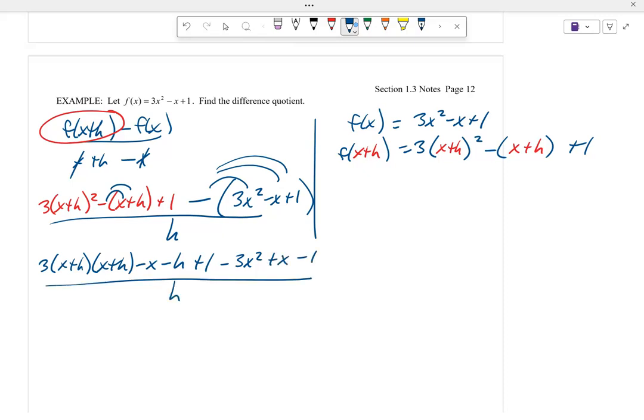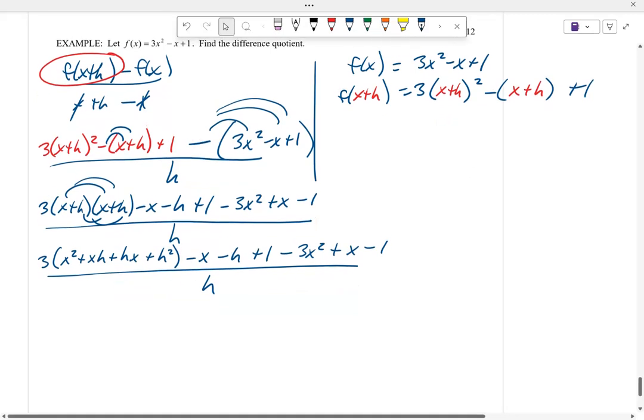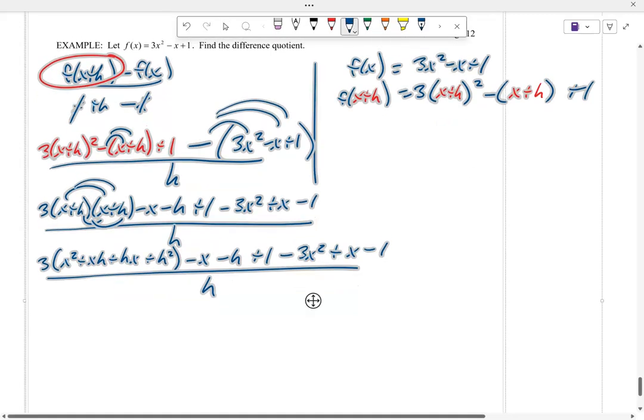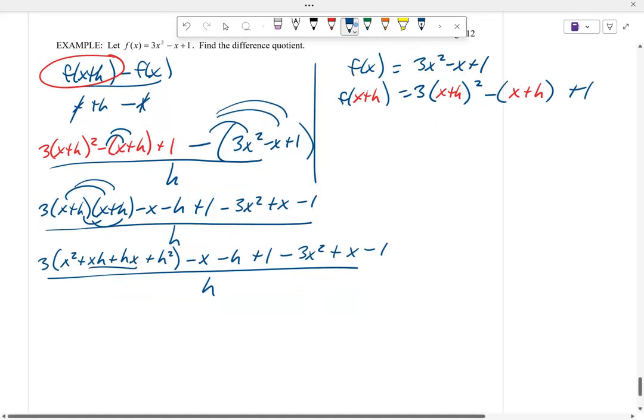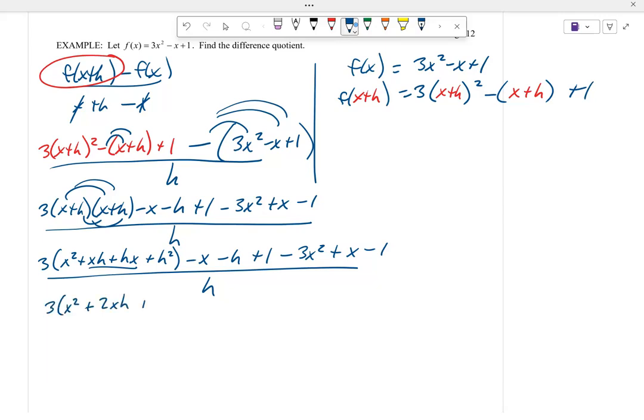It's all over h. Now I've got to FOIL this. So I have x squared plus xh plus an hx, which is xh, same thing, plus h squared. Minus x minus h plus 1, minus 3x squared plus x minus 1, all over h. Now notice I have xh plus hx, so that's 2 xh's.